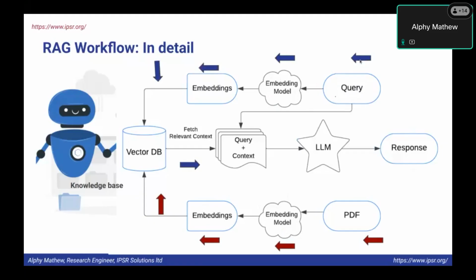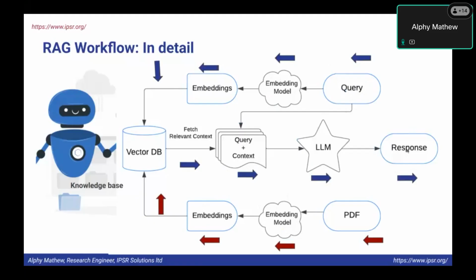Similar information is retrieved from the vector database, and that retrieved information along with the query, that is our augmentation part, is given to any LLM model, like ChatGPT or Gemini, and that model, using that complete context, query plus context prompt, creates a human-like response. So there are two phases. In the first phase we create the knowledge base. The second phase is chatbot generation.